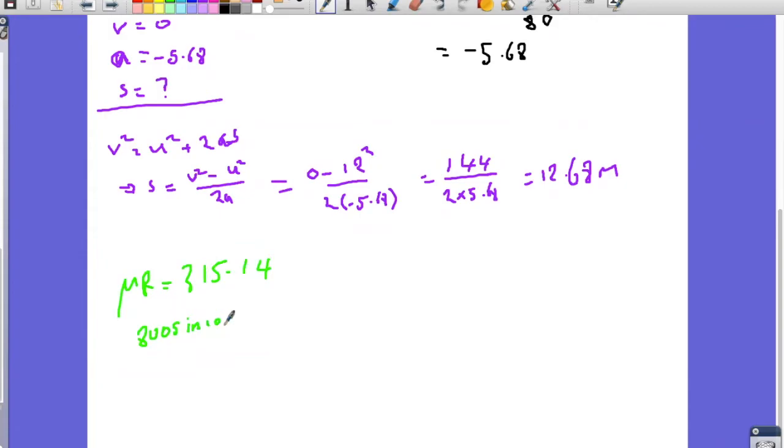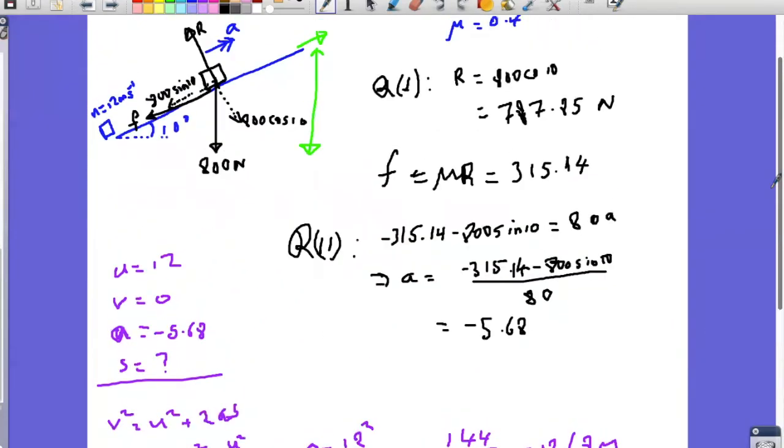You have to show that this 800 sine 10 is less than 315.14. Therefore, the frictional force when he arrives up the slope will be exactly this value, and so he cannot accelerate back down. Okay? Just that.